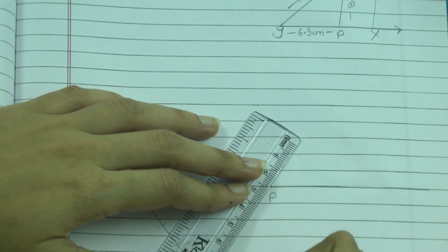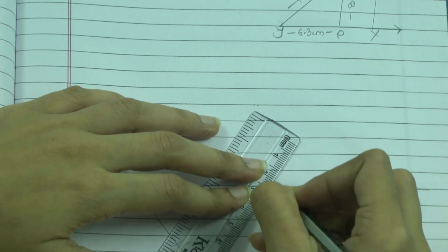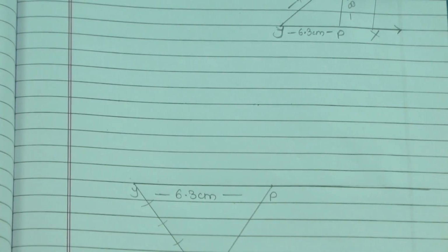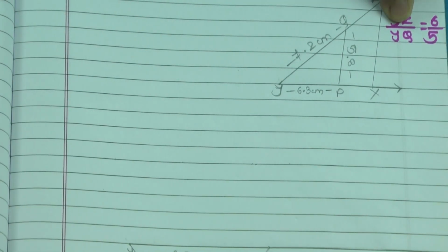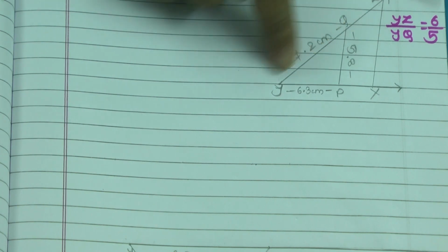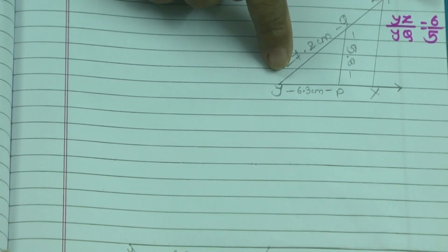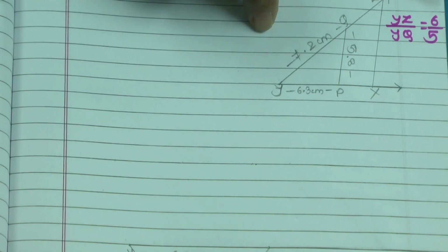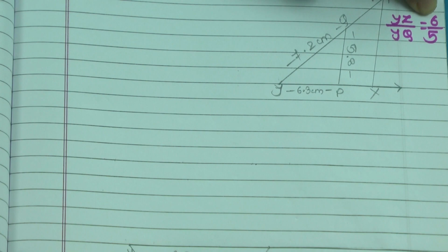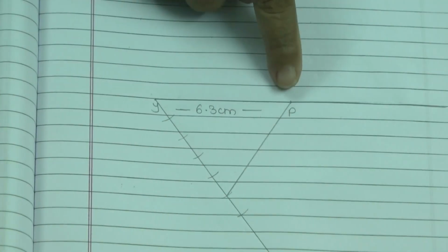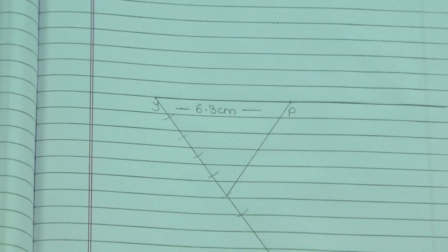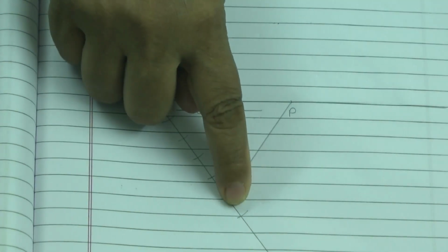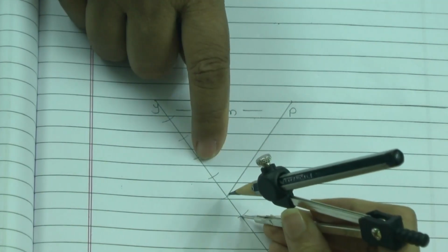YQ is a line of YPQ. The YQ ratio which is mentioned is the line of the triangle YPQ, and YPQ contributes the smaller ratio, that is 5 then 6, and therefore the fifth part of the line X should be joined with point P. Now at the sixth part we are supposed to draw an equal angle.